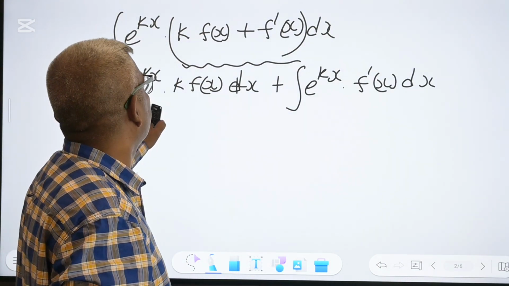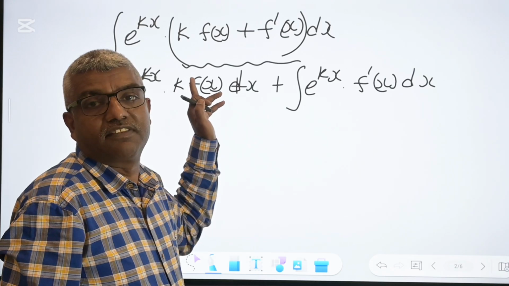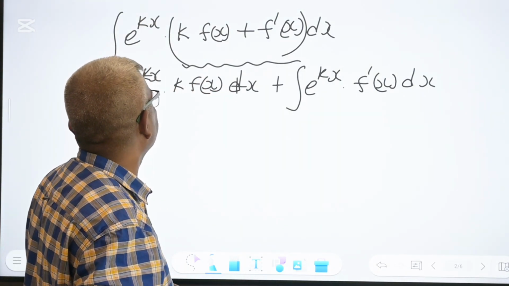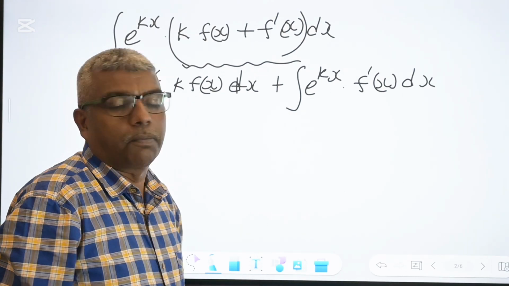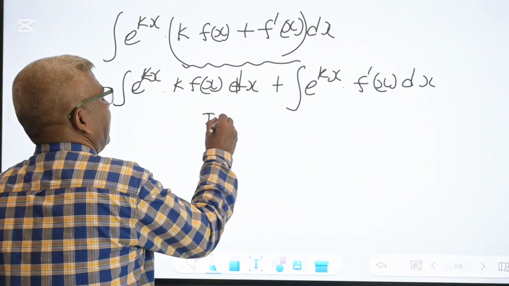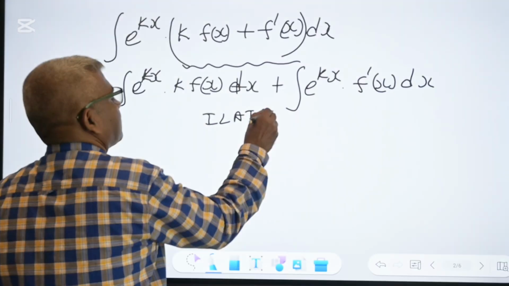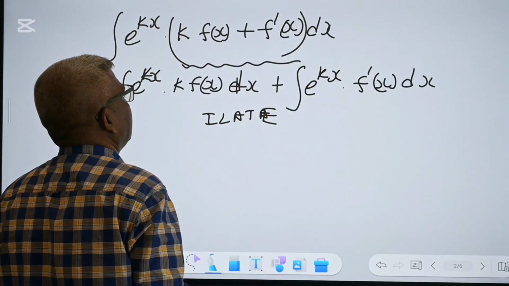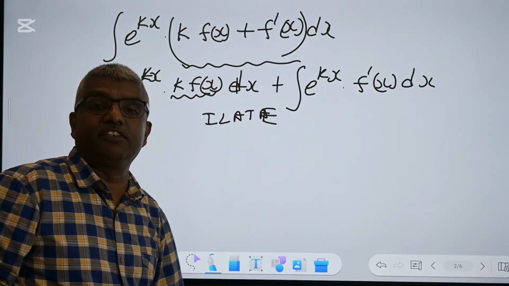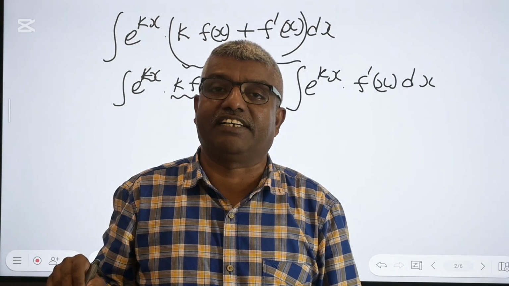Now there are two things, two variables. One is exponential, another is algebra. We have to take ILATE: inverse, log, algebra, trigonometry, exponential. What will be the first one? k f(x). We are going to do integration of uv dx.